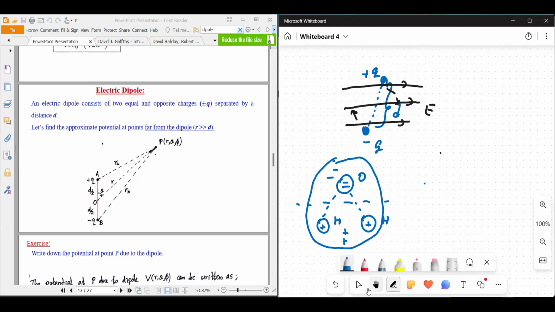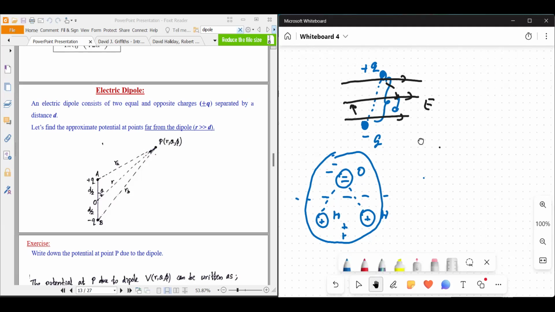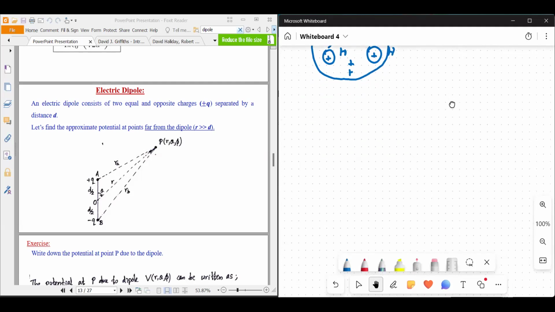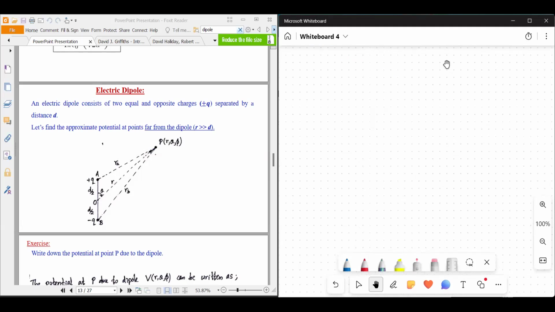Now, in today's discussion, we are going to analyze these electric dipoles to calculate the potential and electric fields that will be generated by them. First, let's find the potential at a point far away from a dipole. So it's going to be an approximate value.